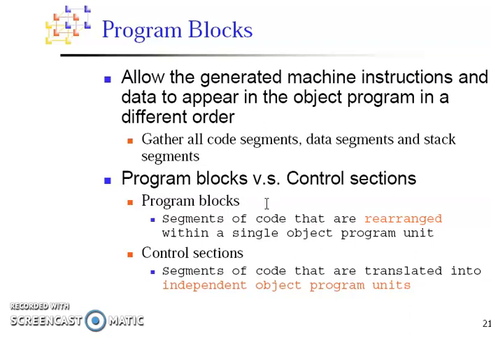The next feature we are learning now is program blocks and control sections. Program blocks are treated as segments of code that are rearranged within a single object program unit. In control sections, segments of code are translated into independent object program units. That we'll be learning in the next topic.